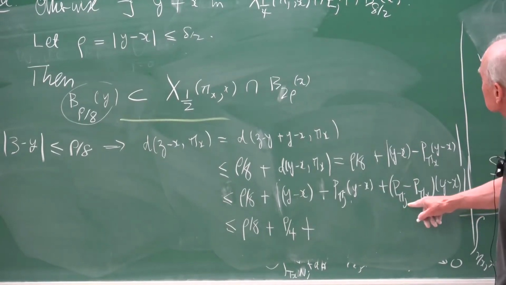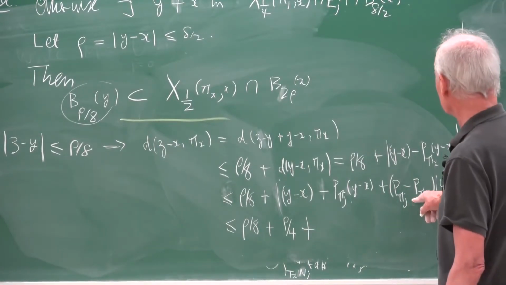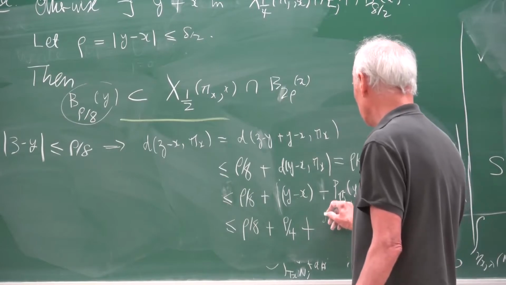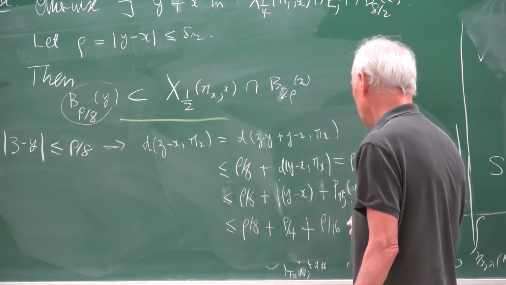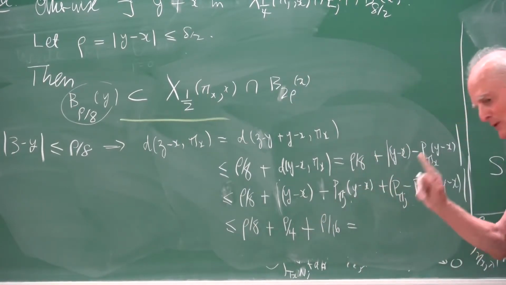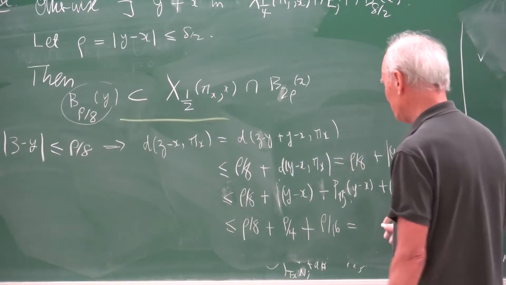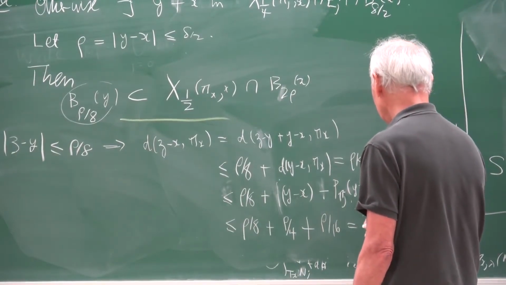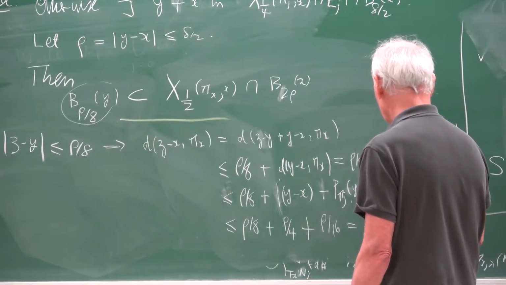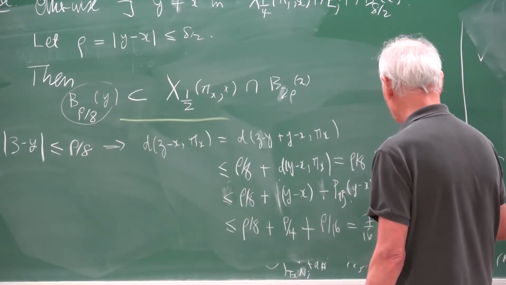Well, this bit is less than 1/16 times rho, so rho over 16. And I hope I did the arithmetic right here. So what's that? 4/16 plus 2/16 plus 1/16 is 7/16, right? Which is less than rho over 2.